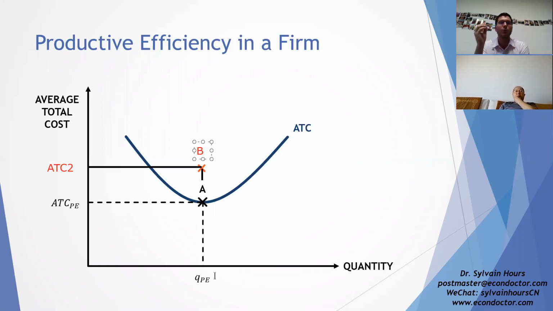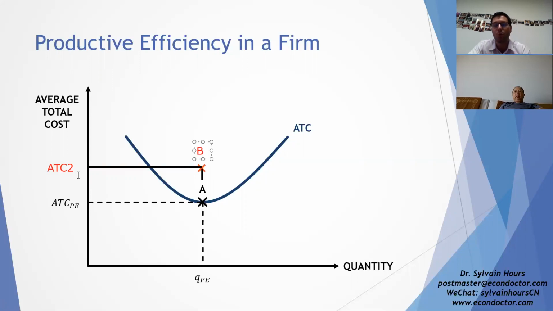All combinations will produce the same output, but they will lead to different costs of production. And your job, if you are a good manager or a good economist, is to choose the combination of inputs that will allow you to produce this particular level of output at minimum cost. We call that the cost minimizing rule. This is something that we study in the topic about production in the long run. But if you fail to combine your factors of production in the best possible way, if you do not implement the optimal input mix, then you will not produce a given level of output, QPE for example, at minimum ATC. Okay.